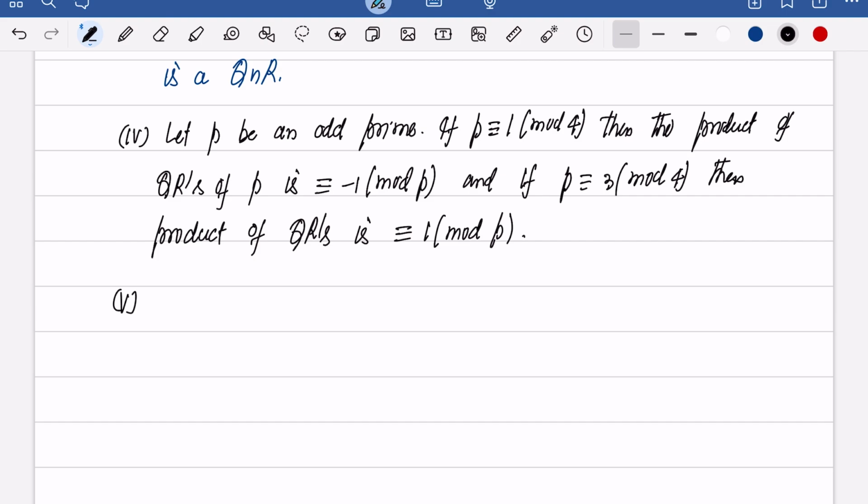Now the next result that we must remember: if p is greater than 3, then the sum of quadratic residues is divisible by p.